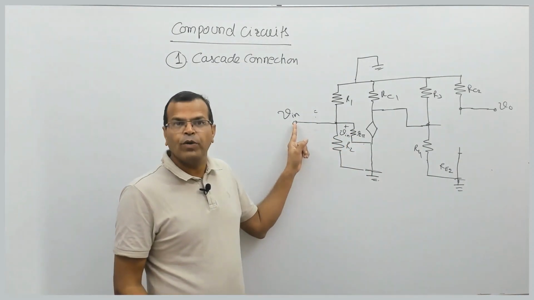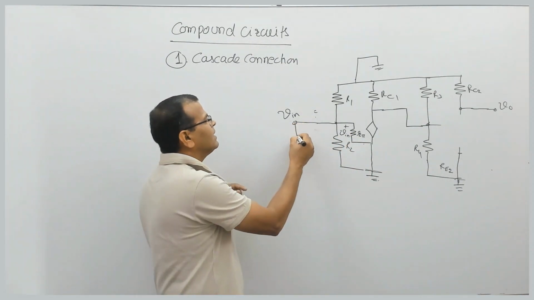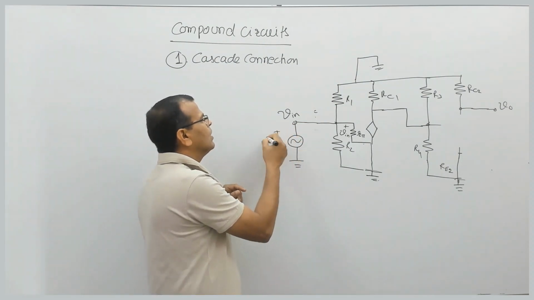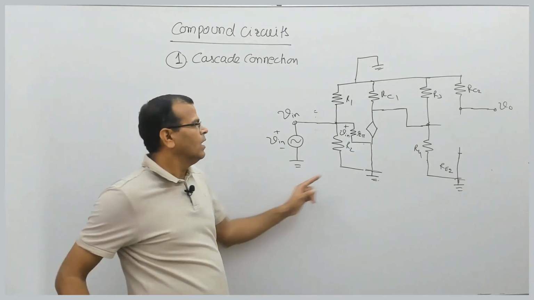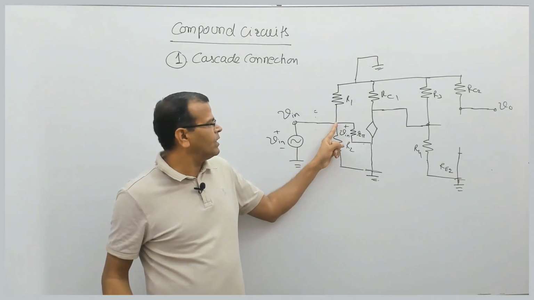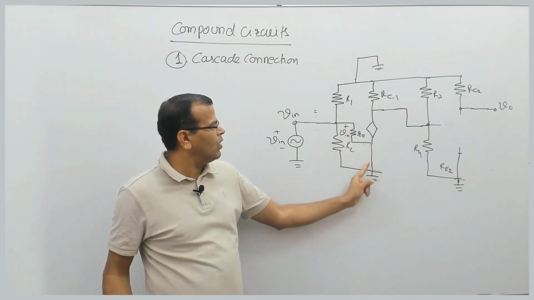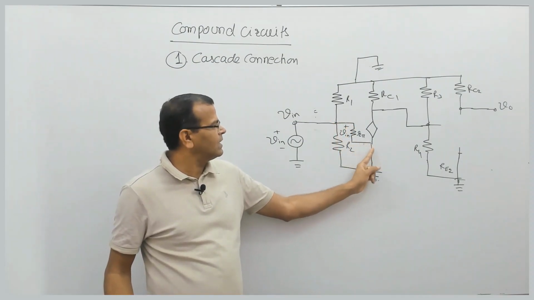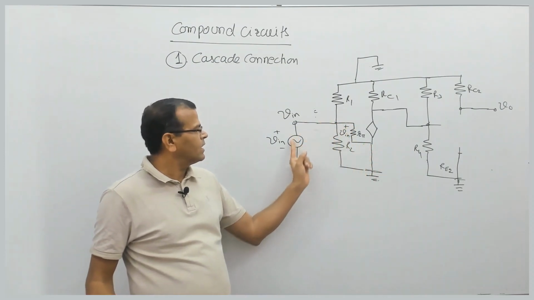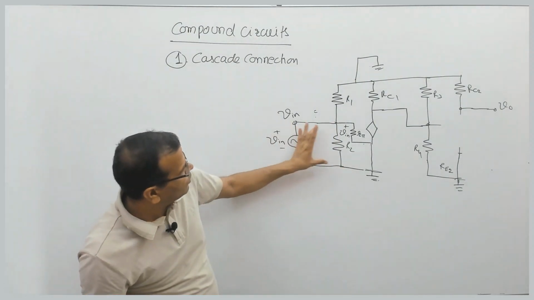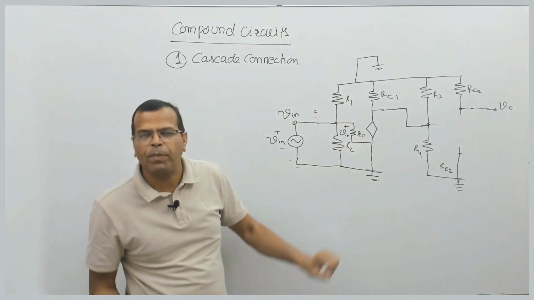When you have a voltage at a node, this is nothing but a voltage with respect to ground. So the voltage at this node is V in with respect to ground. This resistance goes to the ground, so the voltage across this resistance is nothing but that same voltage. So that voltage appears across R2 as well as across r pi.